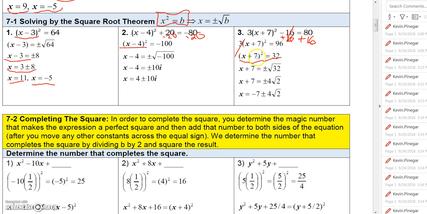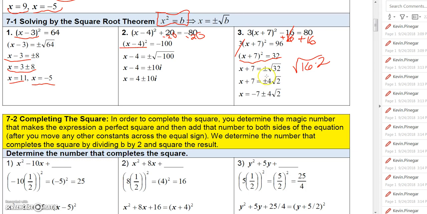Well, now that we've got the squared term isolated, we can apply the square root property. So apply the square root property to both sides, and you get x plus 7 is equal to plus or minus the square root of 32. Now, we talked earlier about how to simplify a radical like the square root of 32. You just write that as the square root of 16 times 2, and then you can take the square root of 16 out, which is going to be 4.